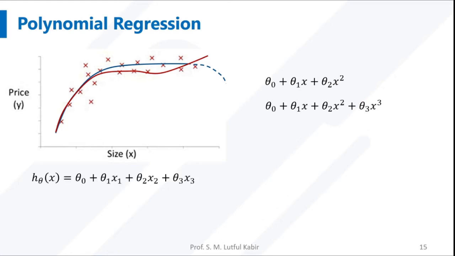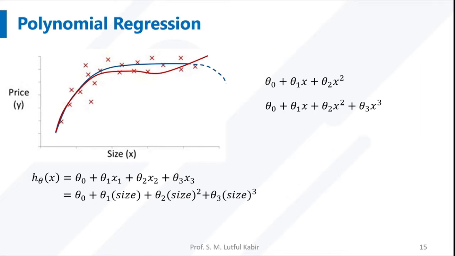We discussed multivariable linear regression, where the hypothesis is defined by theta 0 plus theta 1 x1 plus theta 2 x2 plus theta 3 x3, and if we fit this hypothesis with our polynomial equation, it is equivalent to theta 0 plus theta 1 into size plus theta 2 into size square plus theta 3 into size cube.